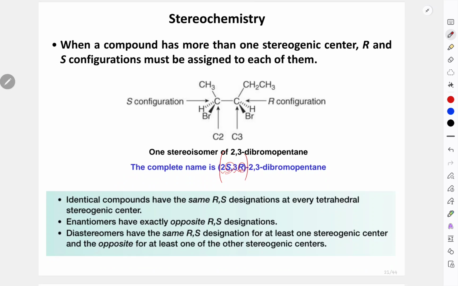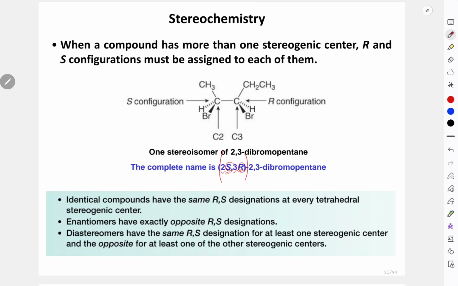So enantiomers have exactly opposite RS designations. You can extend the idea of the molecule containing one single asymmetric center, R to S, S to R, and this will give rise to an enantiomer relationship. And this can apply to a molecule containing more than one asymmetric center.